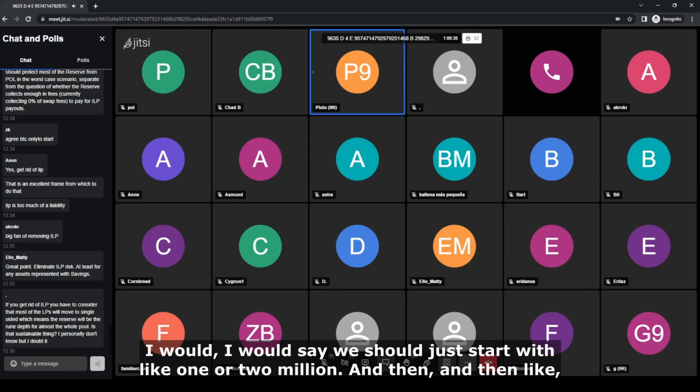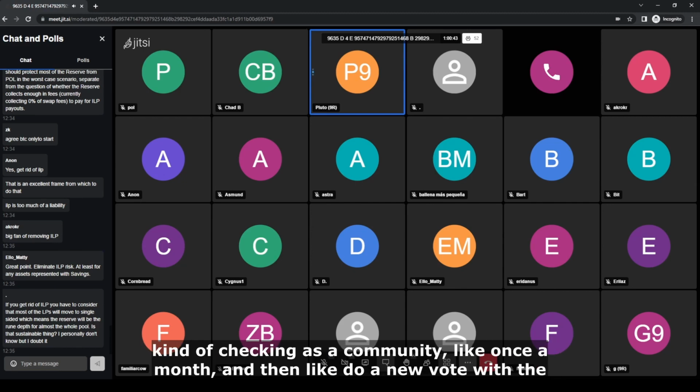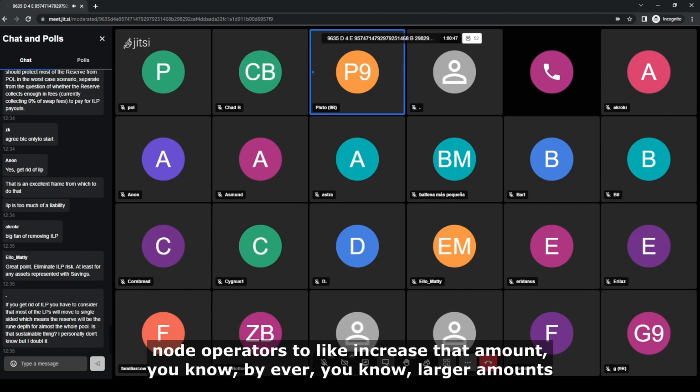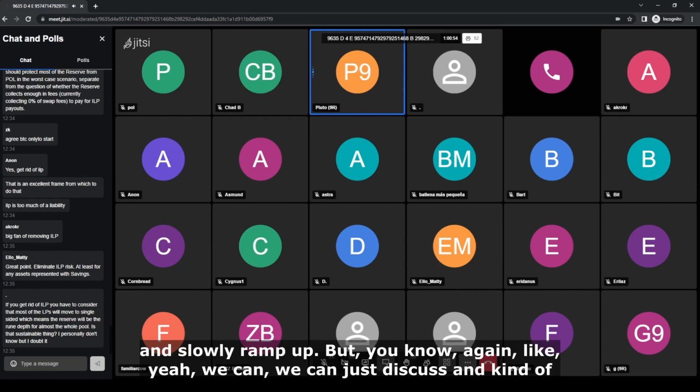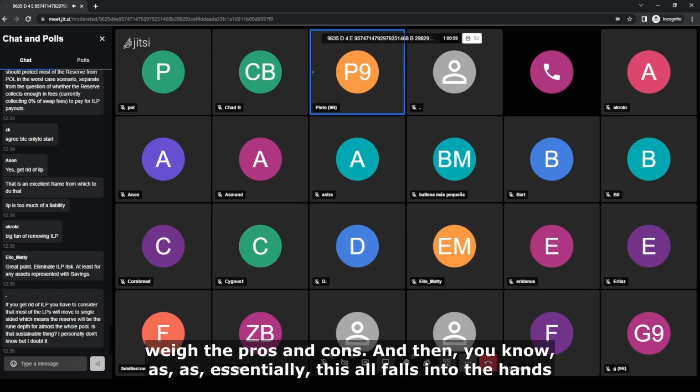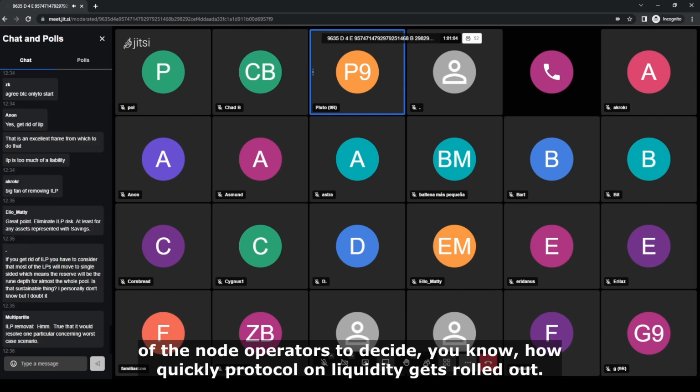Personally, I would say we should just start with 1 or 2 million, and then check in as a community once a month, and do a new vote with the node operators to increase that amount by ever larger amounts, and slowly ramp up. But again, we can discuss and weigh the pros and cons, and eventually this all falls into the hands of the node operators to decide how quickly protocol owned liquidity gets rolled out.